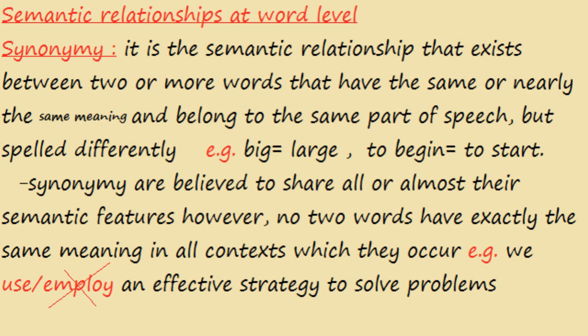If you have a word that is a noun, its synonym should be a noun, not an adjective or an adverb or a verb. To exemplify, we have the word big and large. Both of them are spelled differently. They have the same, or nearly the same meaning, and they belong to the same grammatical category, the same part of speech. Big is an adjective, large is an adjective.